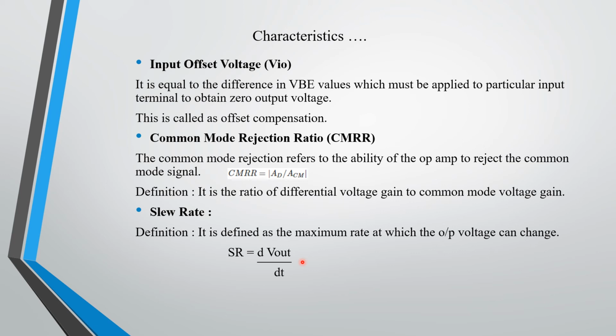We get slew rate with a sinusoidal wave. As long as the slope of the sine wave is less than or equal to the slew rate, there is no slew rate limiting. But when the slope is greater than the slew rate, the output looks like a triangular wave. The triangular waveform is obtained more at higher frequencies.